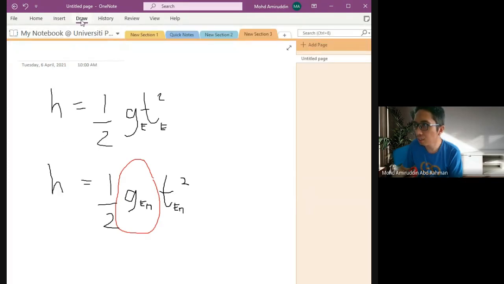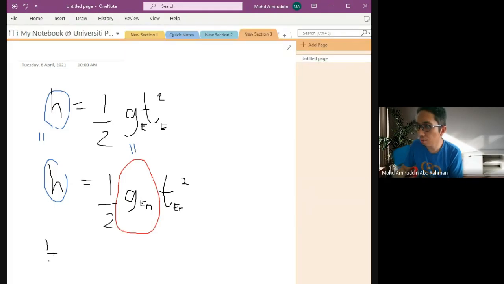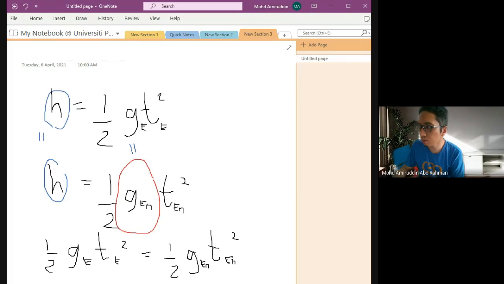This H and that H are equal, so of course this also will be equal: half G_E t_E squared equals half G_En t_En squared.